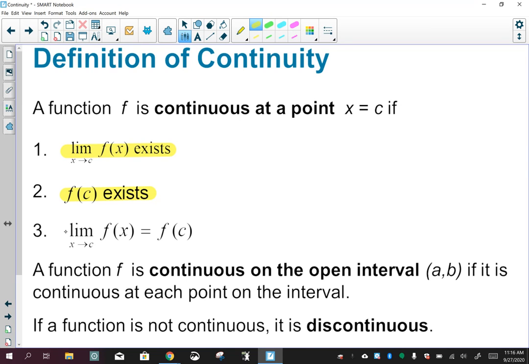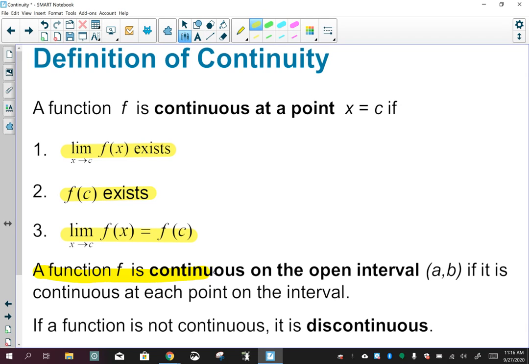So that's where the third one comes in, because if 1 and 2 both exist and they both are the same value, then number 3 is going to be a true statement, because that means you can set 1 equal to 2 and wind up with a continuous point or a continuous value on that specific function.